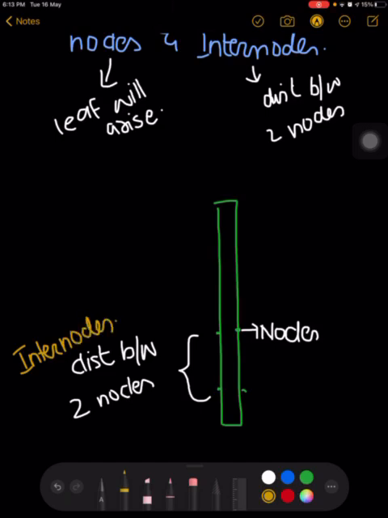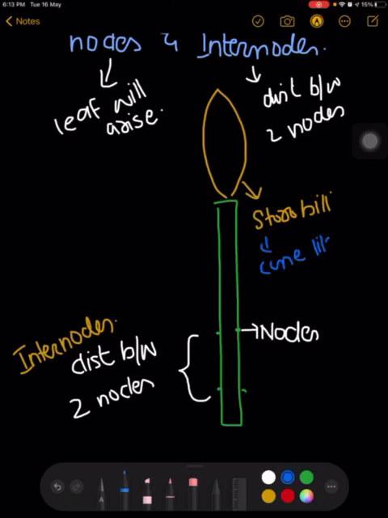Now this stem also contains a strobilus. Now basically what is a strobilus? Basically it is a cone-like structure which possesses the leaves and the sporangium and all that.